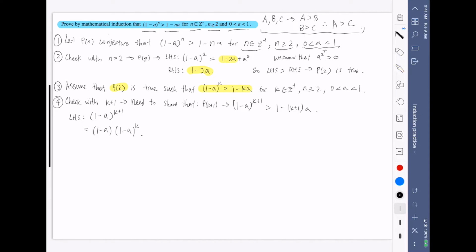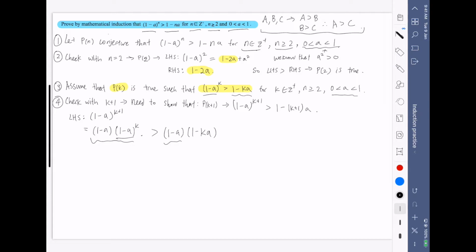And you see how this part is repeated here? What this means is that this entire expression should also be greater than this times (1 − a), because this part is the same, times (1 − ka). You see, right? And also because 1 − a is always positive based on this condition, you know that this expression also holds true.